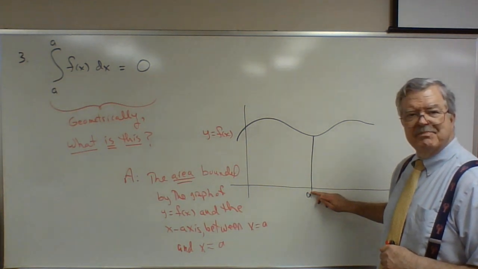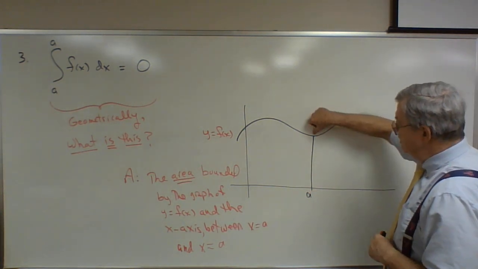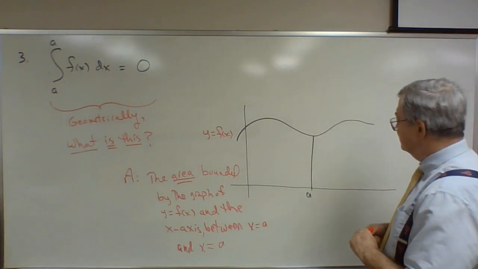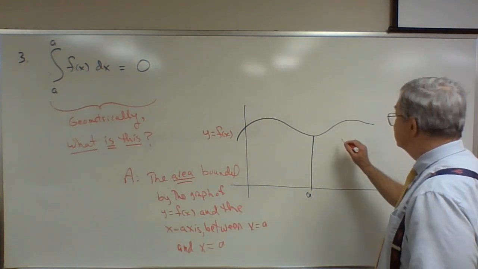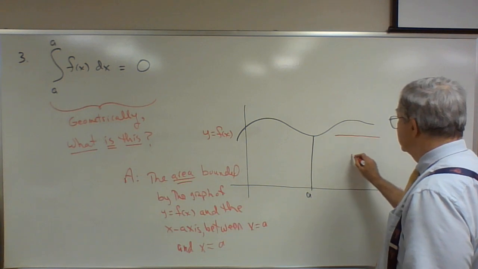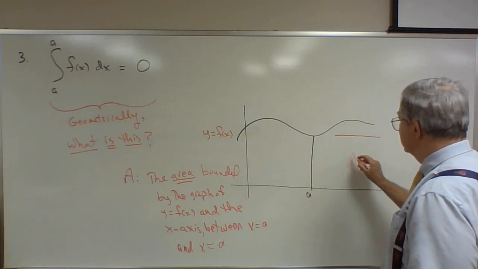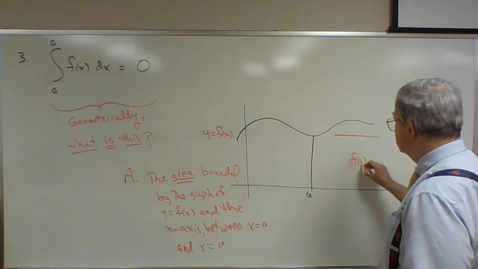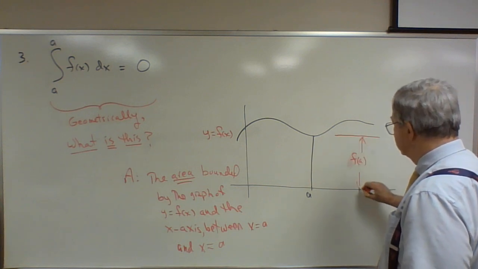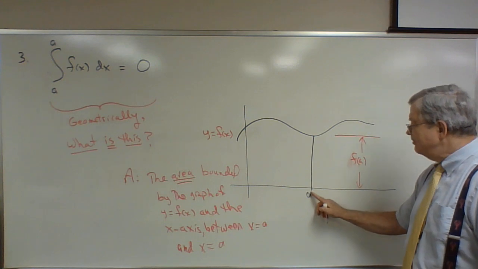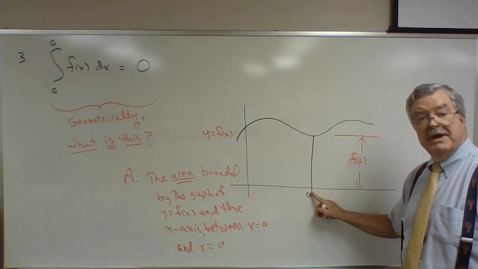Isn't it 0? So essentially, we're looking at a rectangle whose height is little f of a. That's the height, and its width is the width of a point, which is 0.